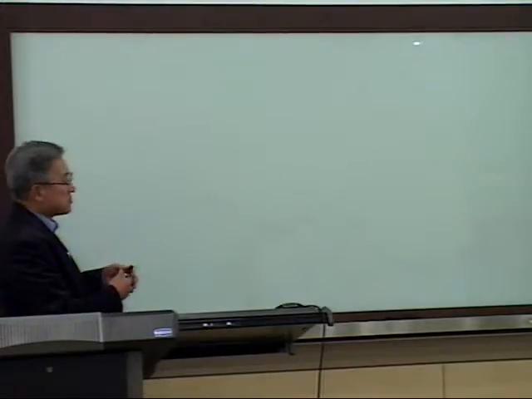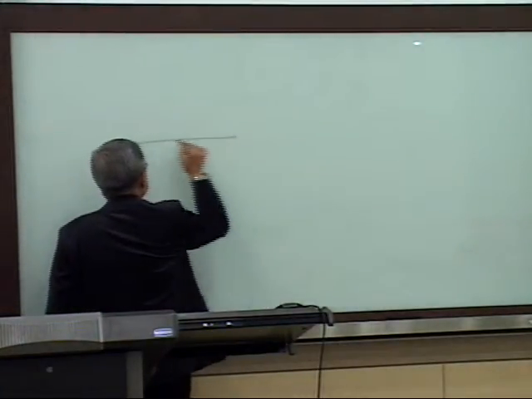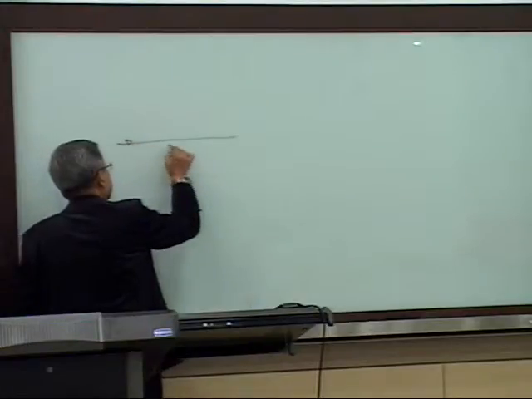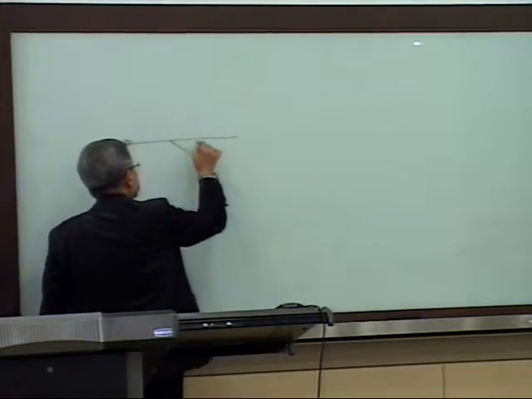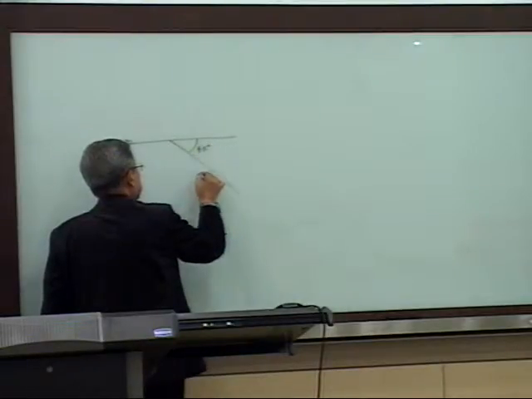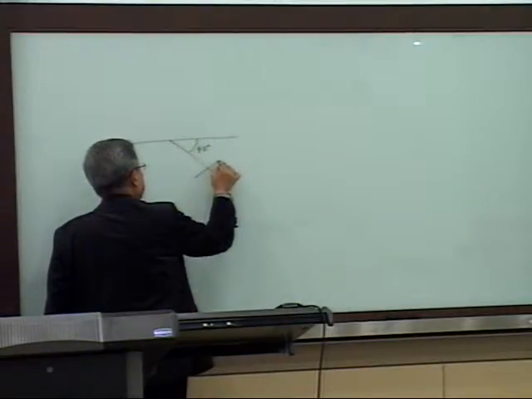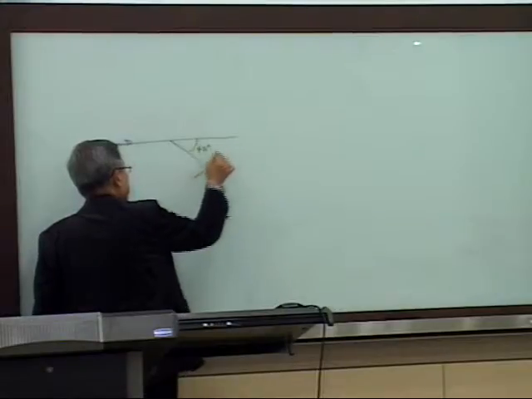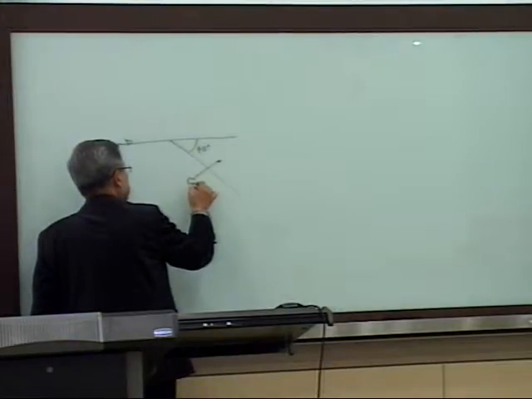So for this problem, I want you to get a good feel. So this is water. And I have this angle, a 45-degree angle, with the shock wave coming this way. See now.